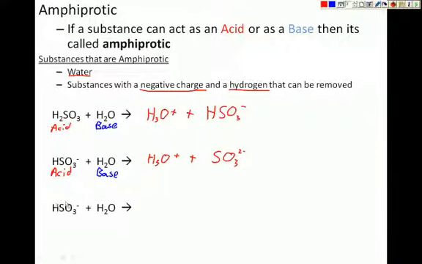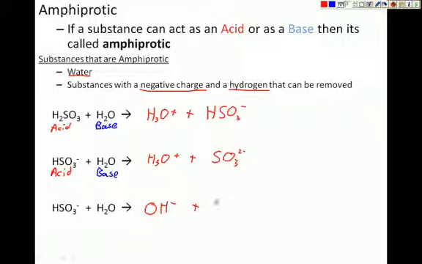Now let's take a look at this right here, HSO3 minus plus H2O again. Now this time let's have H2O donating the proton. And so if H2O donates a proton and loses one of its hydrogens, it'll become OH minus.